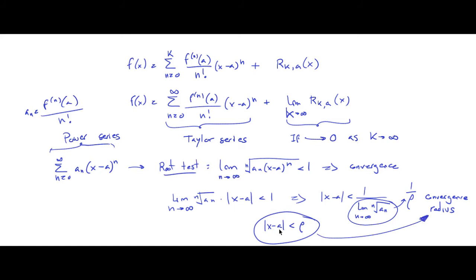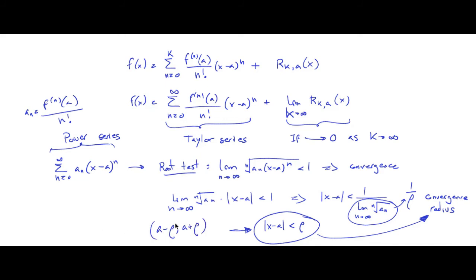And so our expression of f as a series will only be true if the distance between x and a is smaller than this convergence radius. Okay? So in other words, this series is going to be absolutely convergent in this interval, a minus rho, a plus rho.